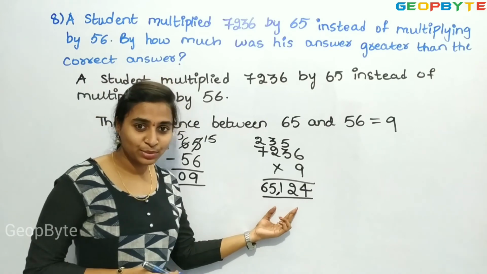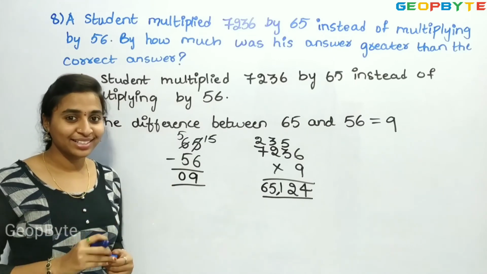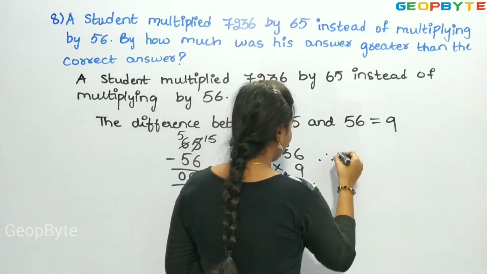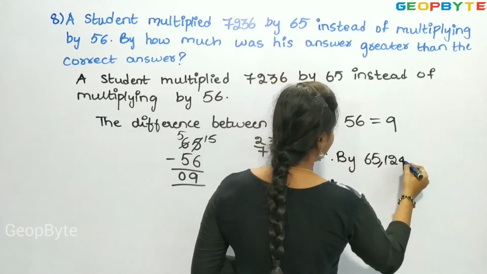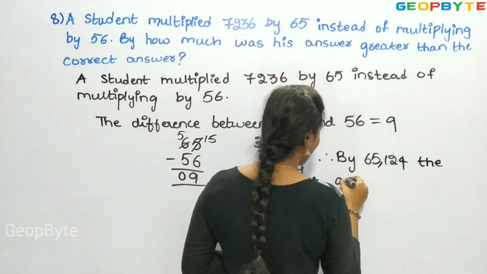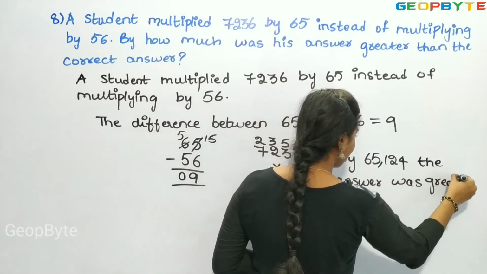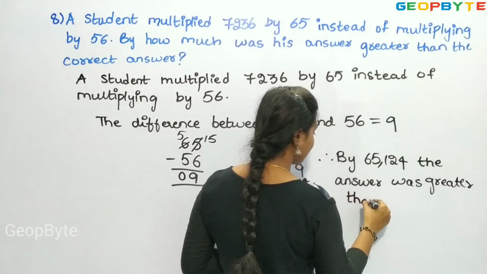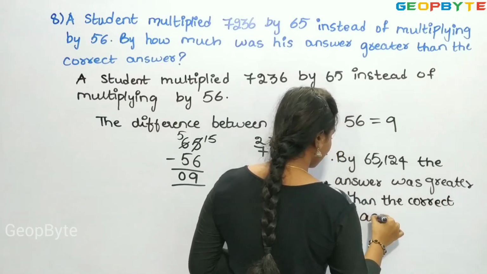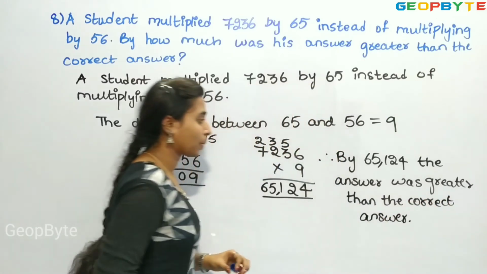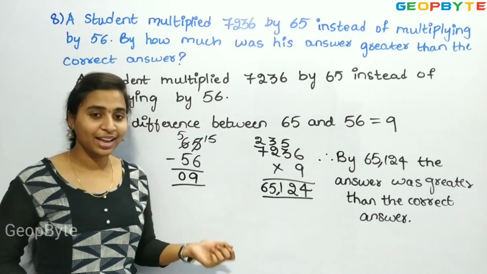By this much, 65,124. So therefore by 65,124, the answer was greater than the correct answer.